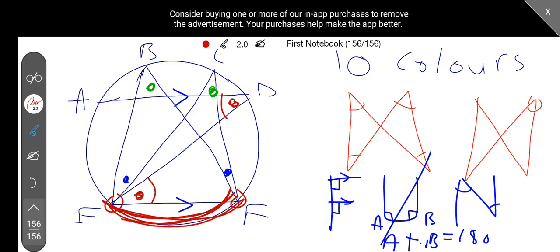Don't say they've got two green lines, because you didn't show the examiner green lines, and don't say blue lines are the same. You must give the actual geometrical reason. So make sure you enter an exam room with the colors which will mark equal angles.